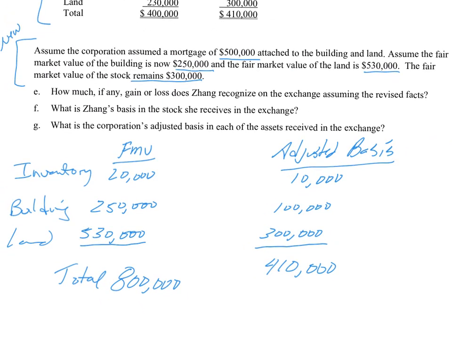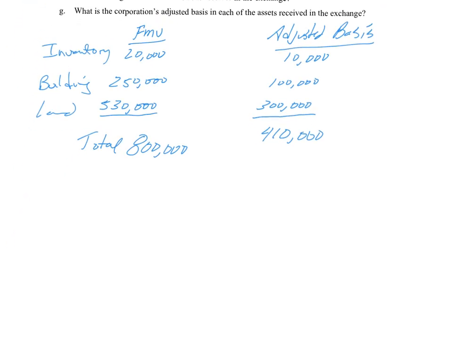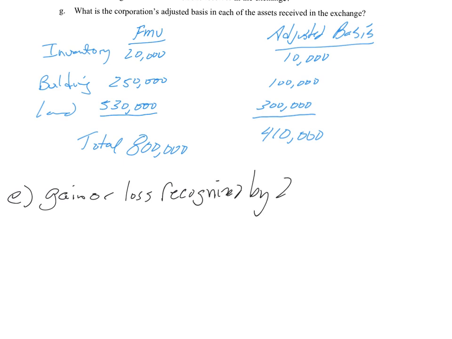So for part E, we are asked how much gain or loss does Zhang recognize on the exchange, assuming the revised facts. All right. So E, gain or loss recognized, assuming the revised facts.